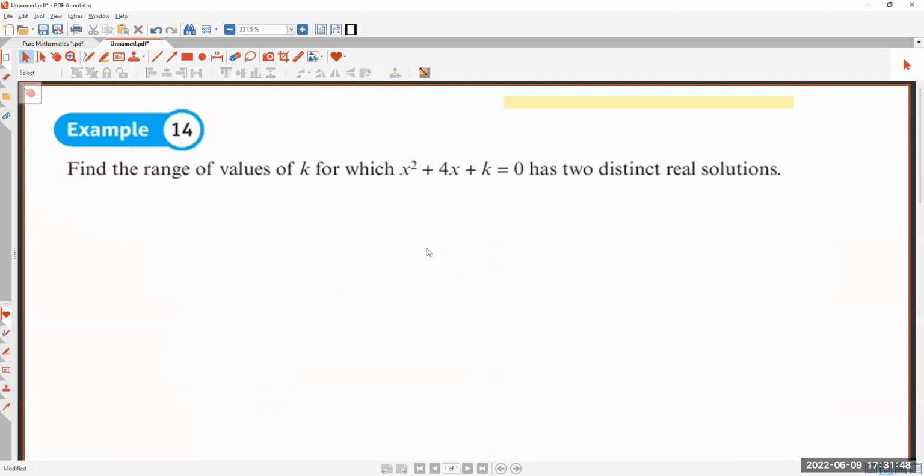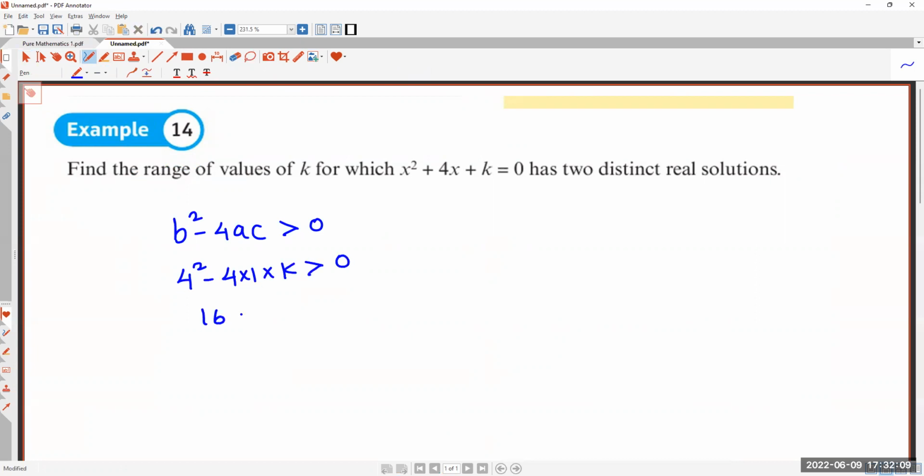Example 14. So b square minus 4ac is greater than 0. What is b over here? 4. 4 square minus 4a. a is what? 1. c is what? k. Greater than 0. 4 squared is 16, minus 4k greater than 0. Never keep the k negative.